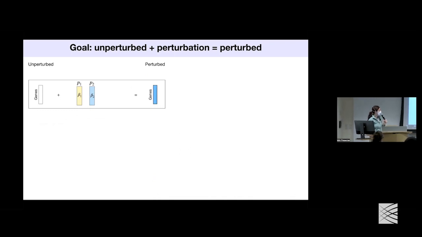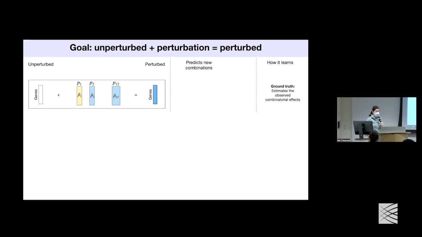So I've shown you now that we can add this type of interaction term and model combinations of perturbations and their effects on genes. That's very exciting. We estimate a ground truth of what combinations of perturbations do. You're not very happy, and I understand, because you cannot actually predict things about new combinations of genes that we haven't already measured.